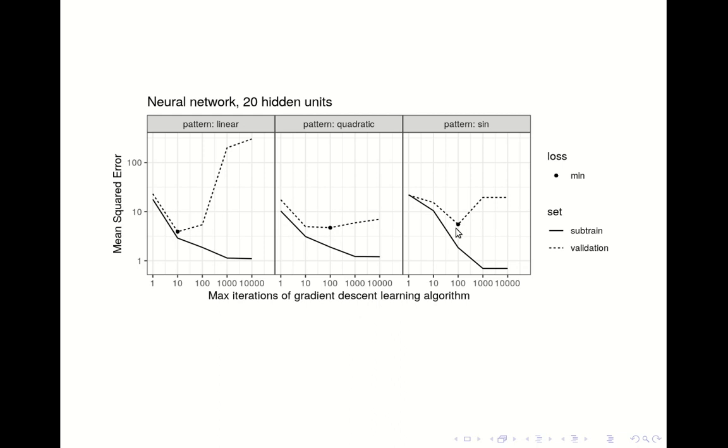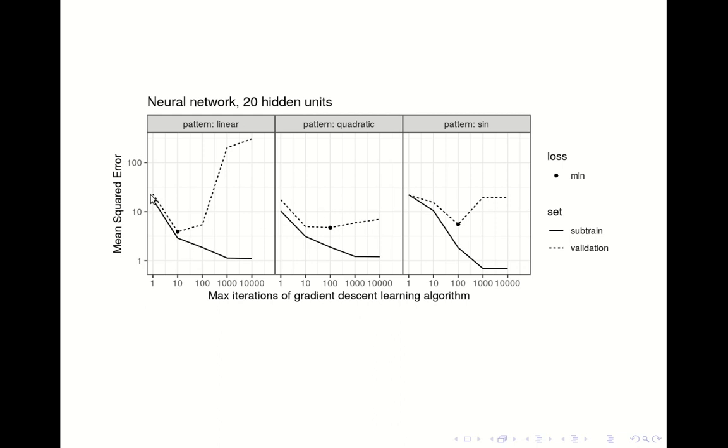This is an important point because we can see that on the right side of the plot, this is what we call an overfit model, because there's a very big gap between the subtrain set error and the validation set error. And that's true regardless of which pattern we're looking at. Conversely, on the left, we can see that the subtrain and the validation error are quite similar, and this is with a small number of iterations.